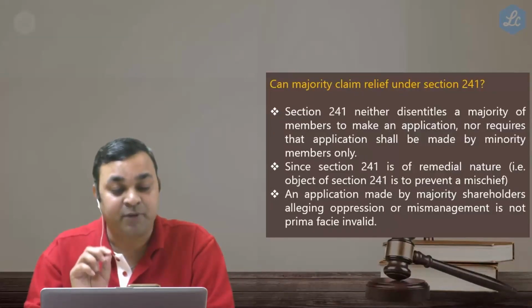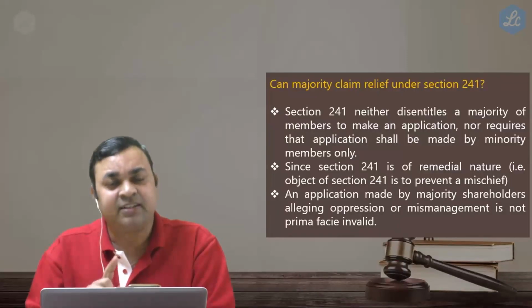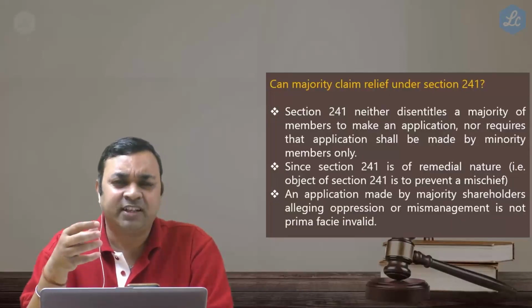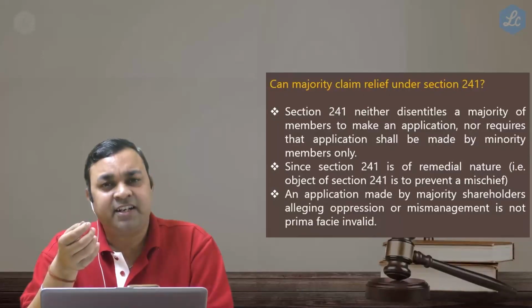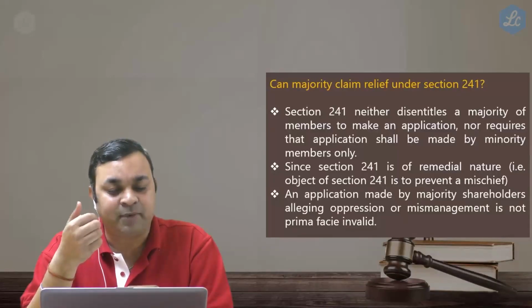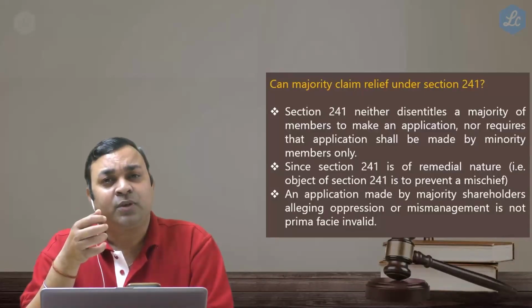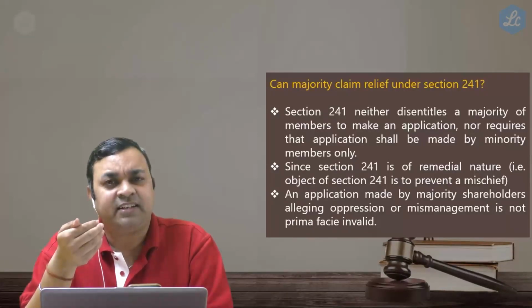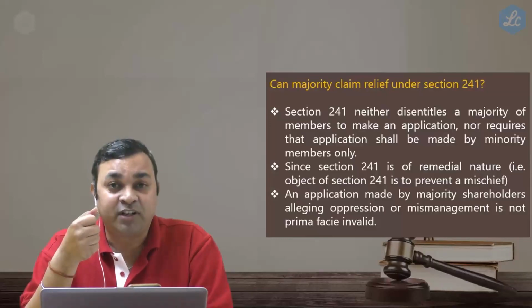So the examiner will ask a simple, straightforward question, like suppose there are 100 members, 60 members are in majority and 40 members in minority. Now, to claim relief, the majority members want to make an application to the NCLT. What is your answer?